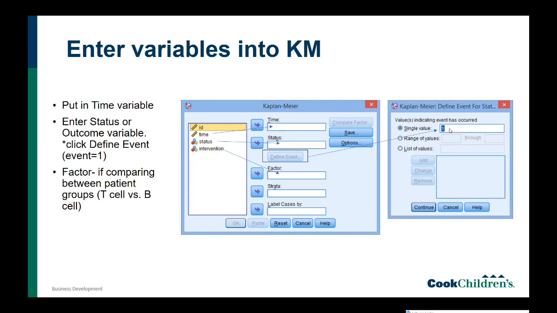Like I said, I typically define all my events as 1, but you can do whatever you want. But just make sure that you define your event, and then you'll enter your factor or your comparison group variable where it says factor.